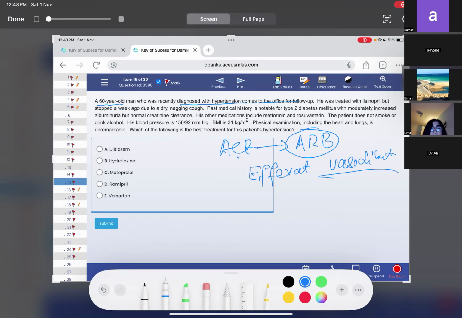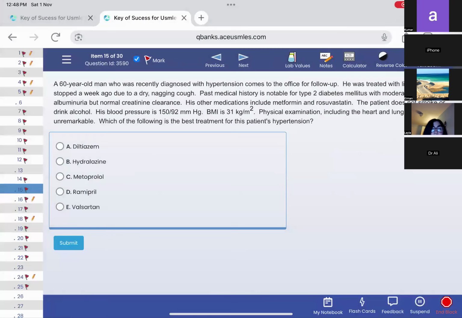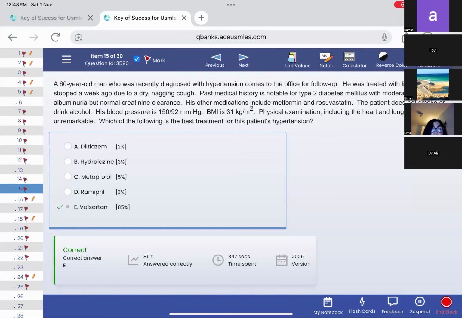Okay, doctors? Clear, everybody? Yes, thank you. So let's move on: which one of the options is correct? E, Valsartan. Excellent. So let's move to the next one. Anyone with a question regarding this scenario?